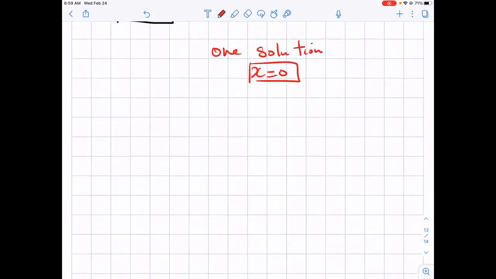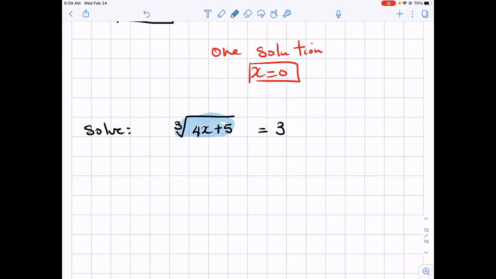So let's look at one more example, and let's look at an example where we're not using a square root. What happens if we have a cube root? The cube root of 4x plus 5 is equal to 3. Now, if we have cube roots, same idea: the radical has to be isolated by itself. In this case, yes, we do have the radical by itself.